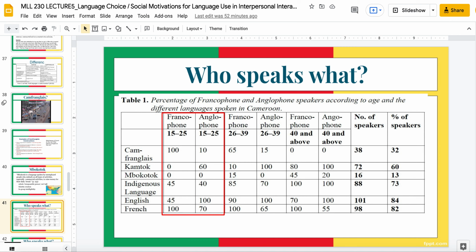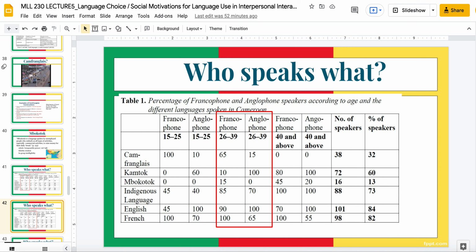And they also speak French. And then in the Anglophone group, they speak English natively, but they don't necessarily speak Franglais. And remember the percentages, if it's 100%, you're like, that's 200%. But don't forget they're bilingual. They speak French, but they also speak Cam Franglais.